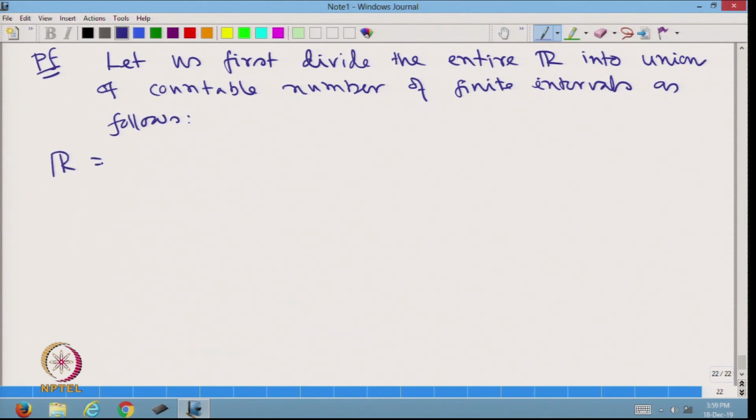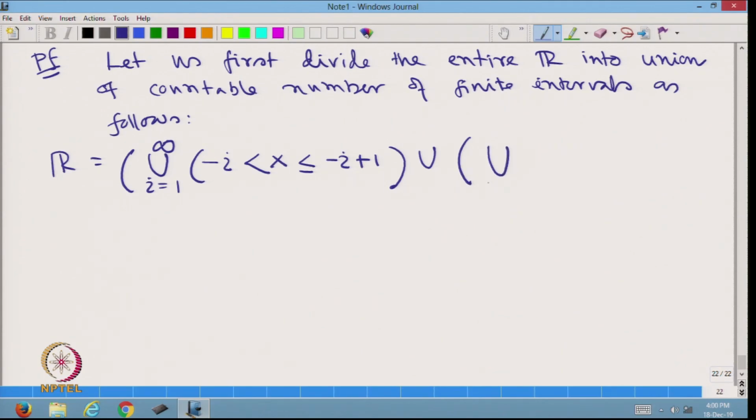R is equal to union over i is equal to 1 to infinity of minus i less than x less than or equal to minus i plus 1, union of i is equal to 0 to infinity of i less than x less than or equal to i plus 1.